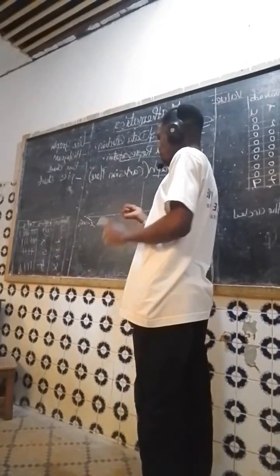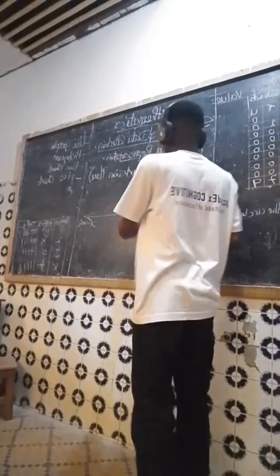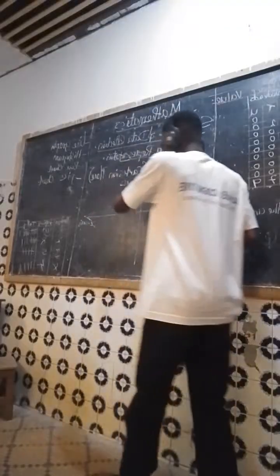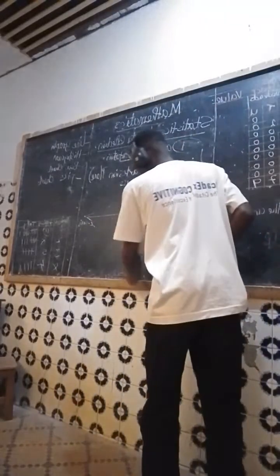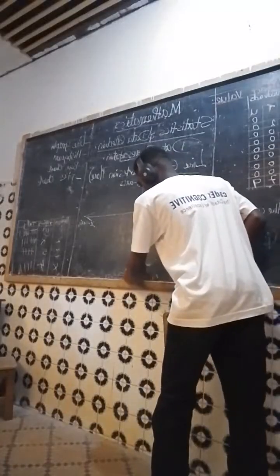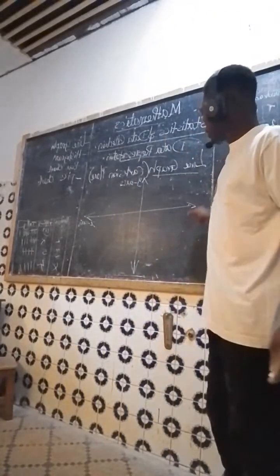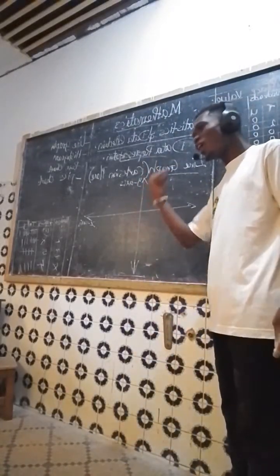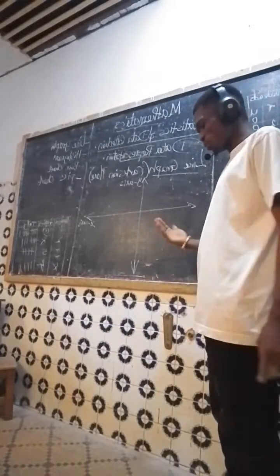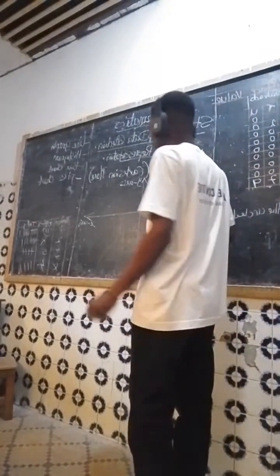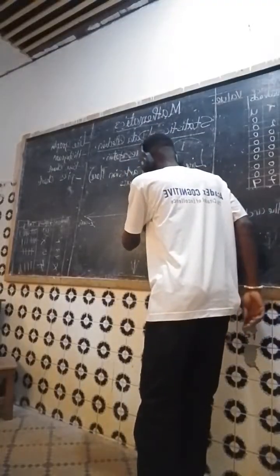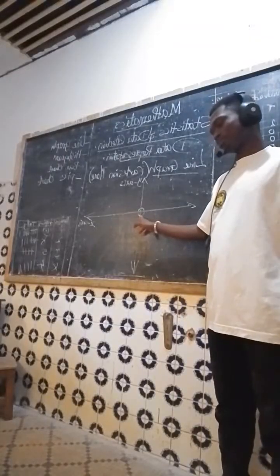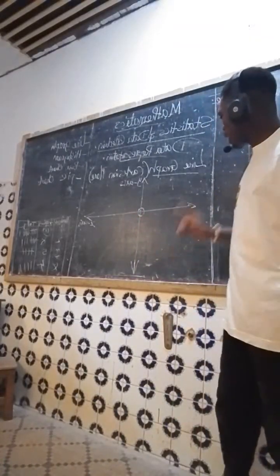Anytime you draw a Cartesian plane and you don't label it, you lose marks. This is the y-axis or the vertical axis. This one is also known as the abscissa, and this one the ordinate. This is the origin, zero.